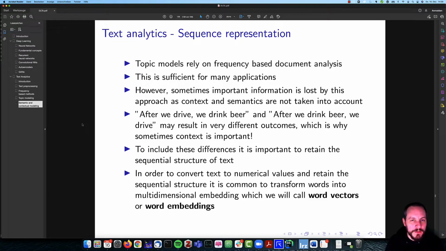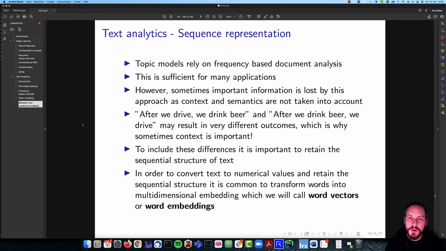One possibility here is to generate so-called word embeddings, which just means that for each word we will generate a series of numbers that is collected in a vector. So we have a vector representation of a word, and hereby we want to use methods that allow us to include similarities in terms of the meaning and of the context of the words.